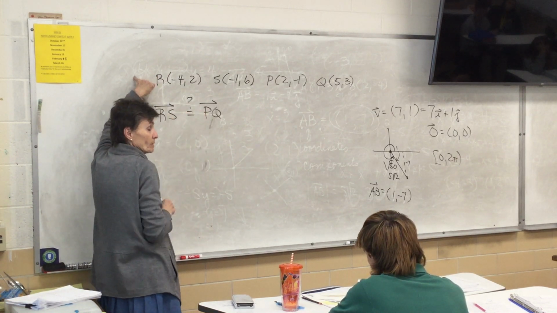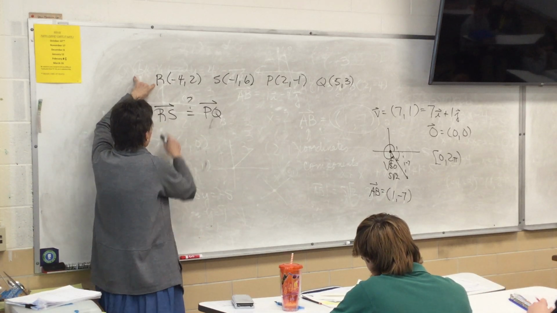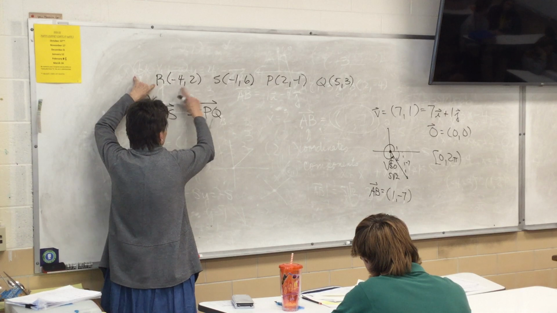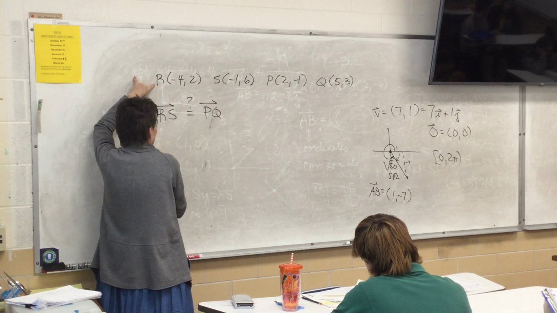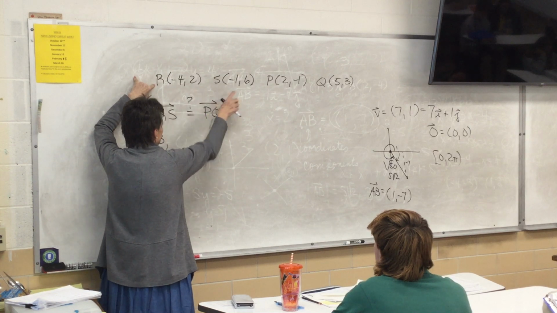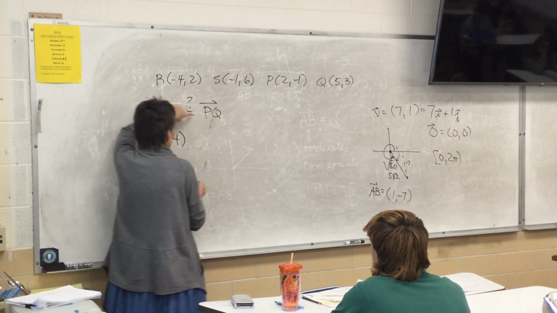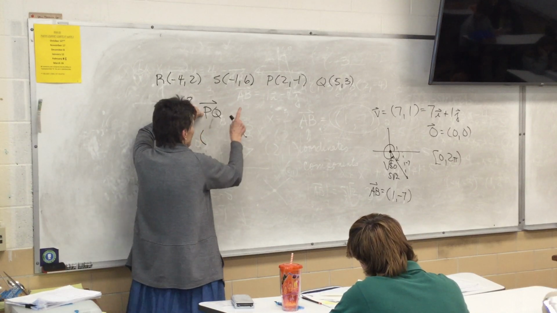Find the vector components, that's exactly right. What are the coordinates or the components of RS? You're going from -2 to -1. 3. And from 2 to 6. Perfect. Now, what about from P to Q? We're going from 2 to 5.